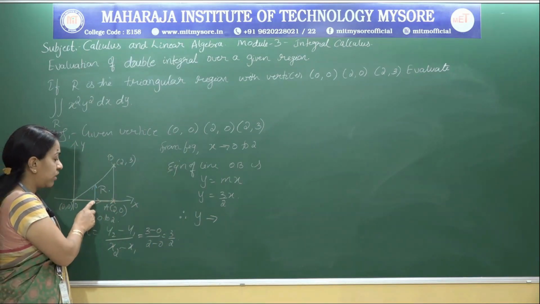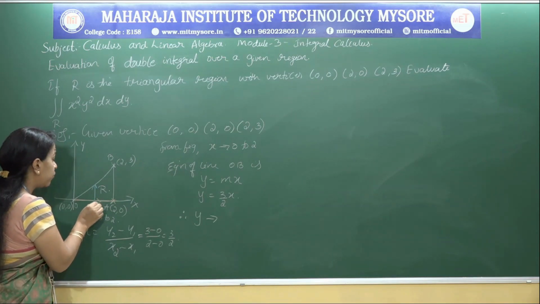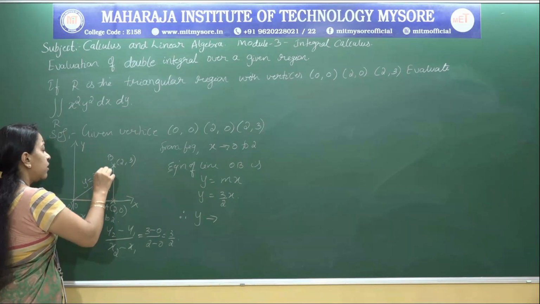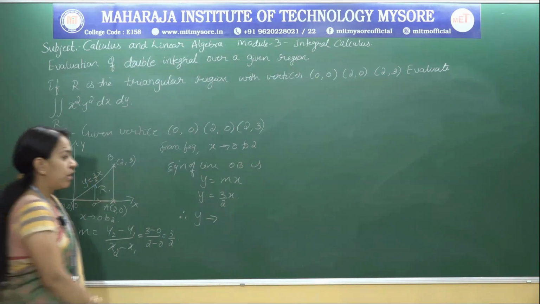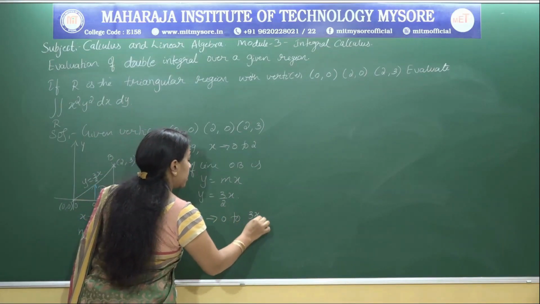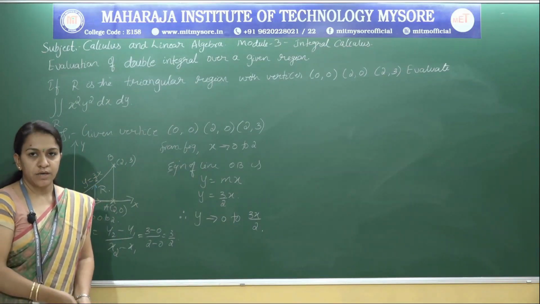We know the equation of the x axis is y equals 0. So y varies from 0 to 3x by 2. So we know what the limits of x and y are.